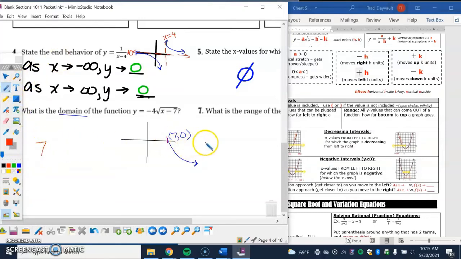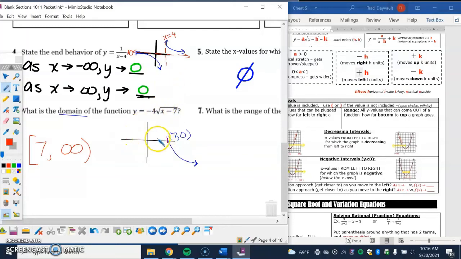And is it going to keep going forever to the right? Yes, it will. So 7 to infinity. We know for infinity, we always use parentheses, and would the 7 be a parentheses or a bracket? The 7 is going to be a bracket because 7 is included. You can plug a 7 into this function, but you can't plug in anything smaller than 7.